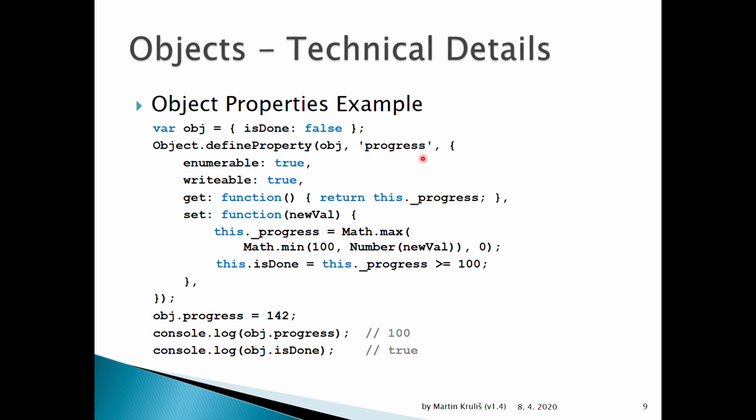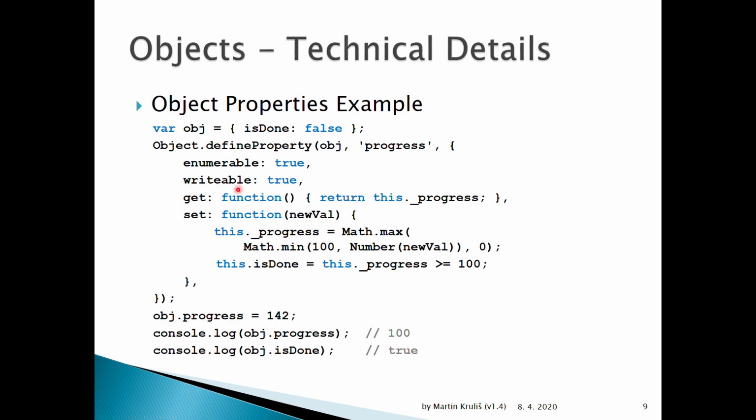This property is called progress, and it's a fake property because it's using getters and setters, so it's wrapped in these two functions, but it only translates to a regular private property. It's prefixed with an underscore, so it's a kind of private property _progress where it stores its value.